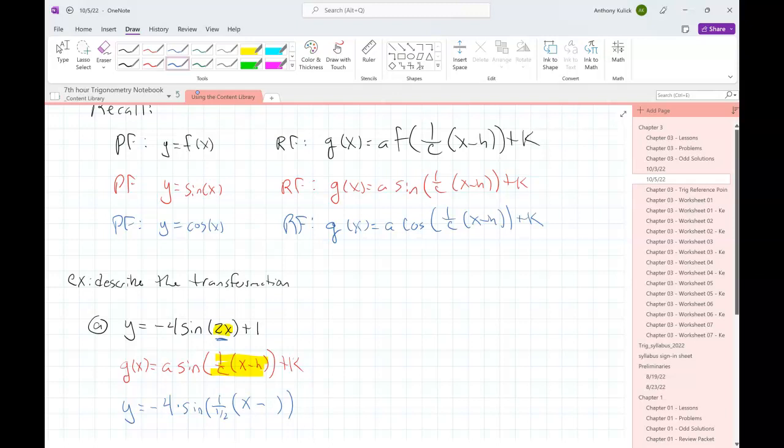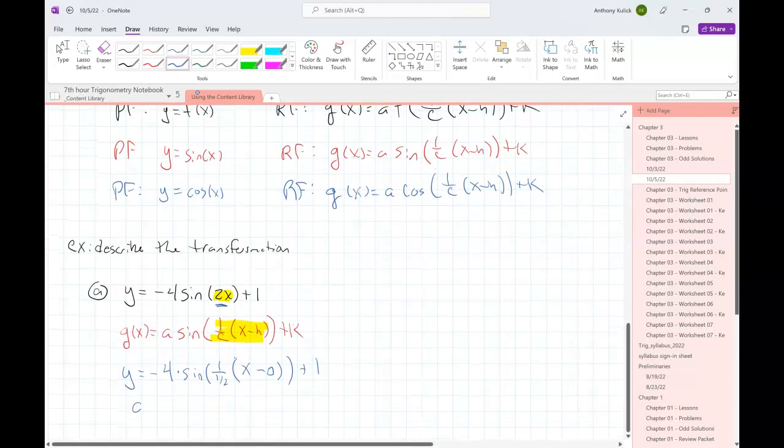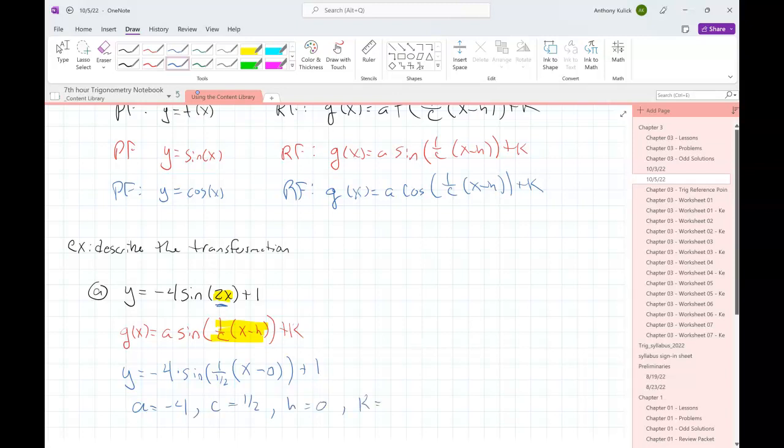Not 1, because we're adding and subtracting. 0, right? x minus 0 is still x. And then x times 1 over a half is just 2x, right? And then we have the plus 1 at the end. So we have a is negative 4, c is 1/2, h is 0, and k is 1. Just like last time.